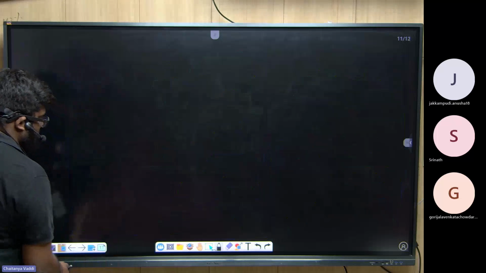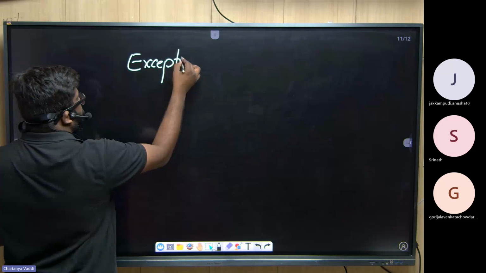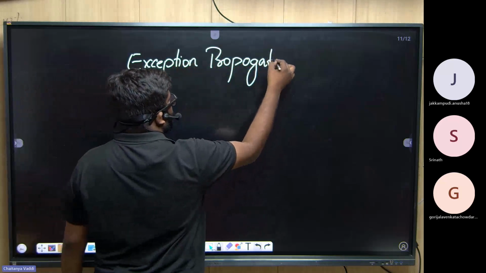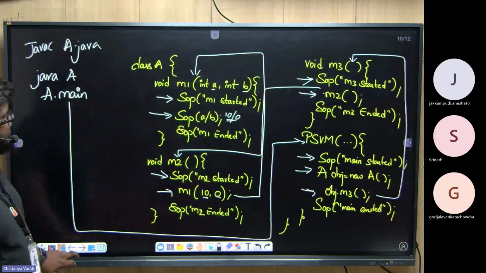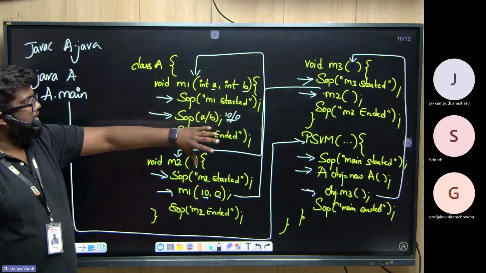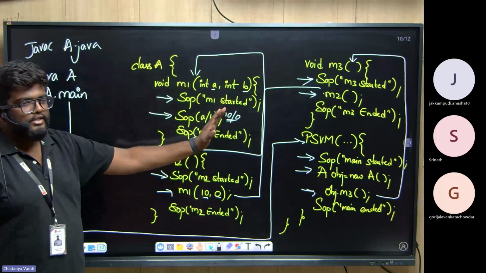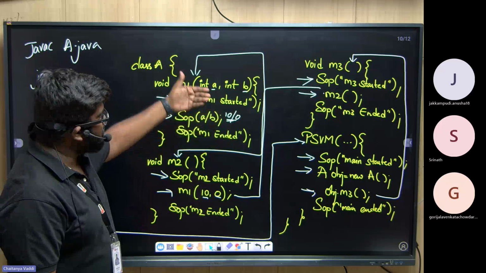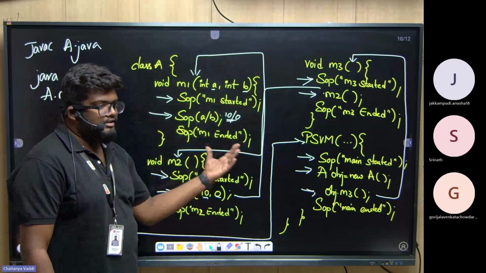So what exactly happens now is there is something called exception propagation. What this means is whenever there is an exception in a specific method, if the developer or the user has not handled that exception, then the responsibility of handling the exception goes to the method which called this method.